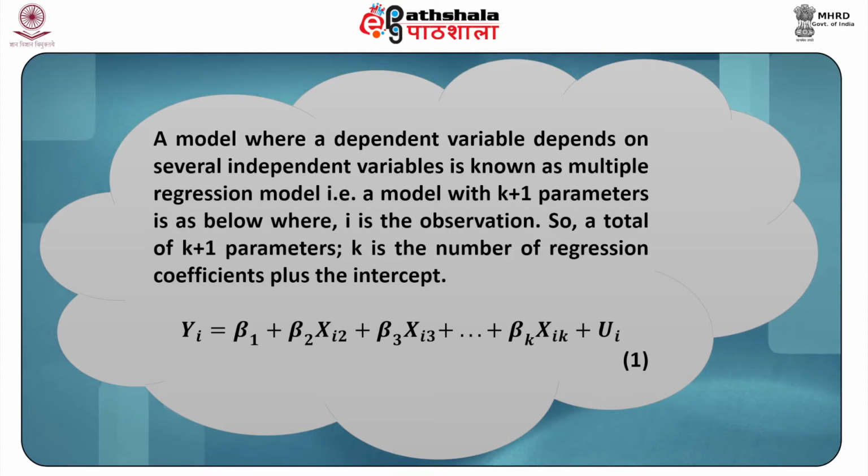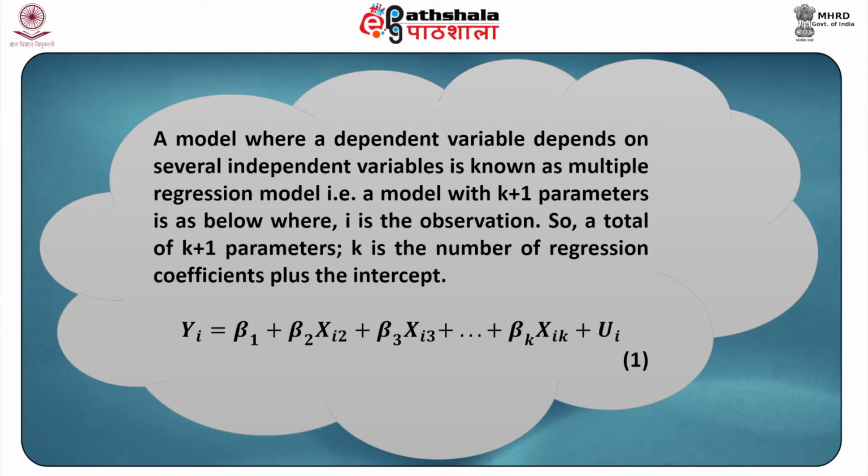For example, a model with k plus 1 parameters is as below, where i is the observation. In this model, we denote yi equal to beta 1 plus beta 2 xi2 plus beta 3 xi3 plus so on till beta k xik plus ui.